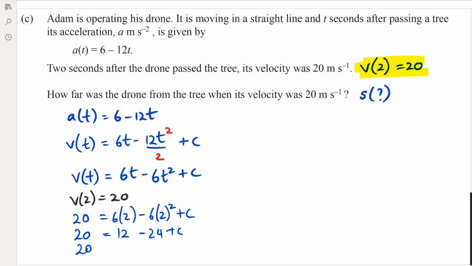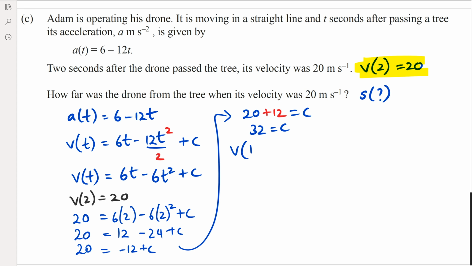And I've got 20 equals negative 12 plus c, and carrying on, 20 plus 12 equals c, so 32 equals c, which means the velocity function is 6t minus 6t squared plus 32.